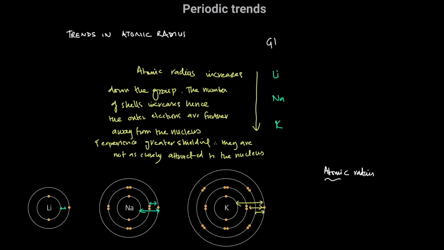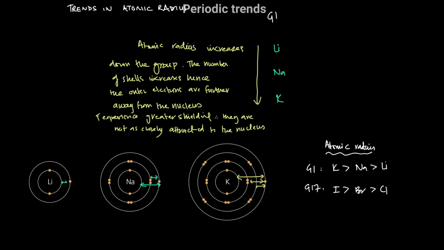For example, if we talk about group 1, we know that potassium would be greater than sodium, which would be greater than lithium. If we talk about group 17, iodine would be greater than bromine, which would be greater than chlorine. So now let's look at the trend in atomic radius across the period.